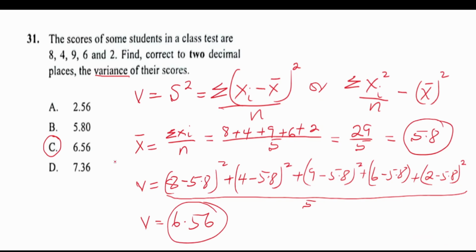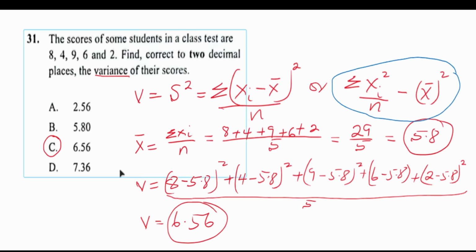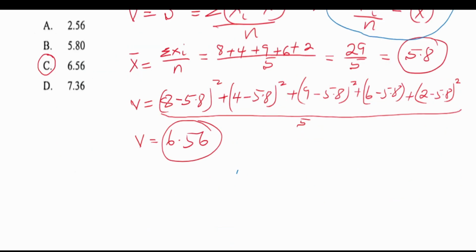All right. We can also try with the second option and see what we get. This simply means that we are squaring each of the values, and then after that we divide by the number of values, then we subtract the square of the mean, which is 5.8, from the answer we get from there. Let's try it and see. So alternatively, my variance equals the sum of squares of the values divided by the number of values.